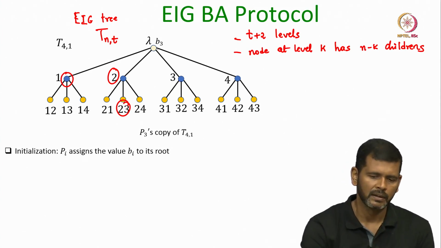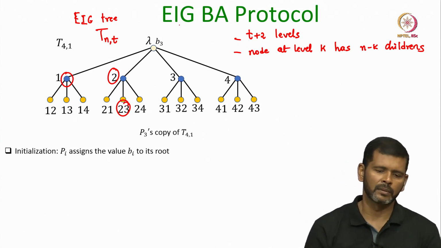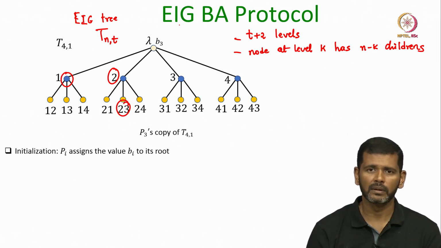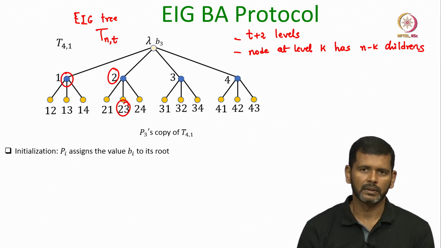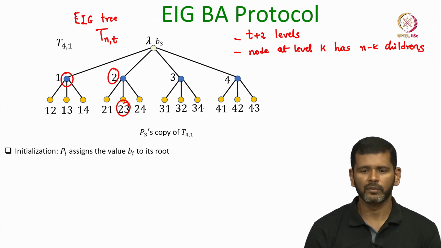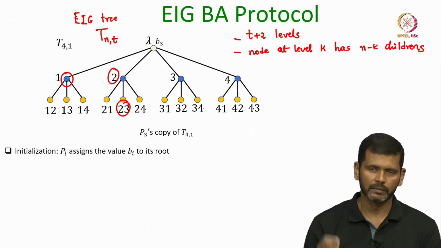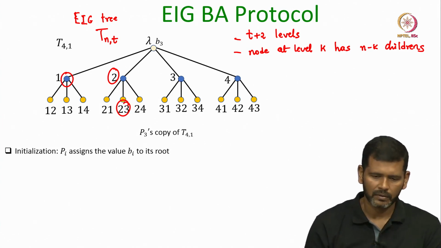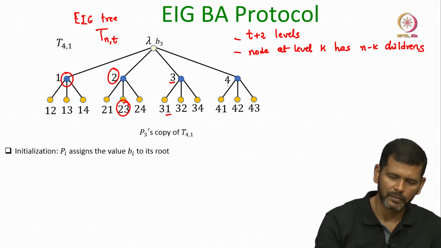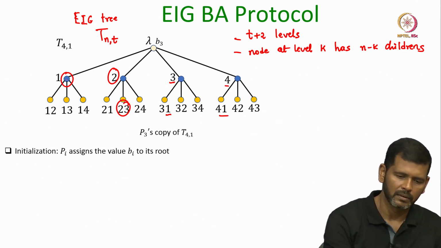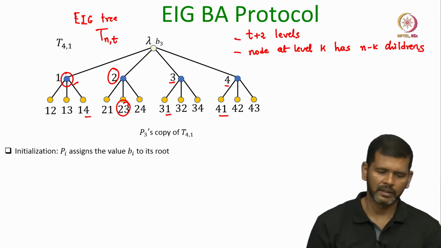Basically, whenever we go from the root to any leaf node along a path, there should be the identity of t plus 1 distinct parties in any order. It need not be in ascending order. For instance, we have 3 followed by 1 here, 4 followed by 1 here, or 1 followed by 4 here, and so on.